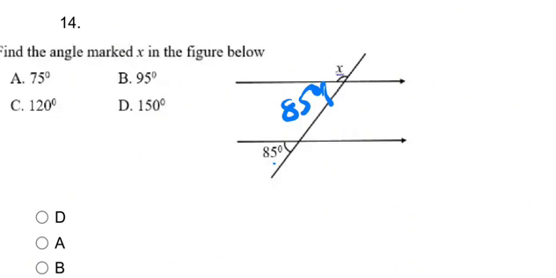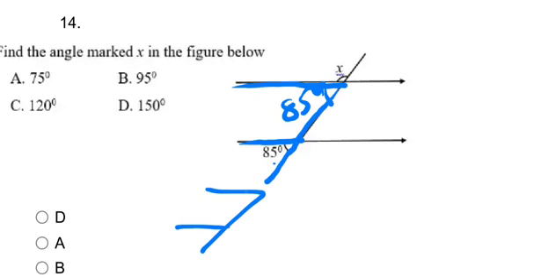If you look at this angle here, it is formed by this line and this line, while this one is also formed by this line and this line. You can see it's giving us an F shape, backward, right? So therefore this angle and this angle are equal. Now this angle x and its neighbor are on the same straight line.